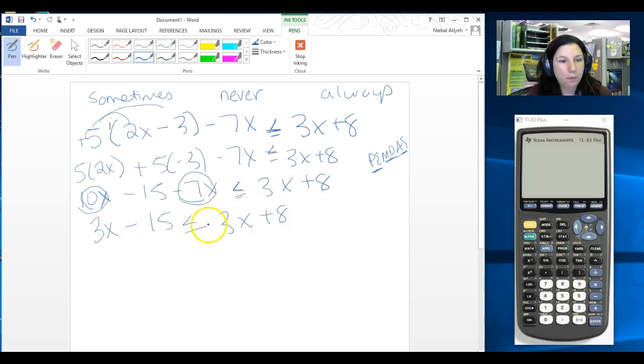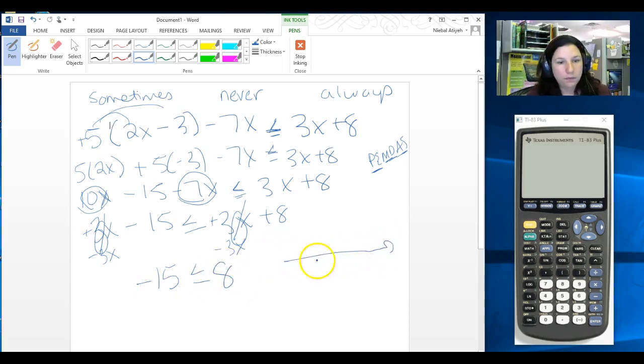I want to continue to combine my like terms, except that they're on opposite sides of the inequality symbol. These are positive 3x's, so I'm going to just move this one over to the other side. Just like our last problem, 3x minus 3x is 0, and that happens on both sides. So I get negative 15 is less than or equal to 8.